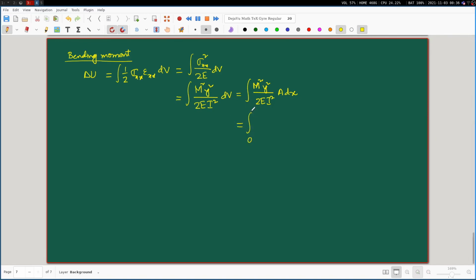You understand that a volume integration is basically like a triple integral. So this 0 to L is the integration with respect to dx. I have taken out this 0 to L integration, and then I'll be left with this integration which will be over the entire area.